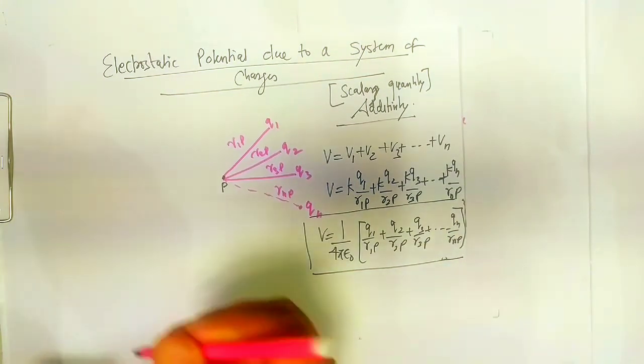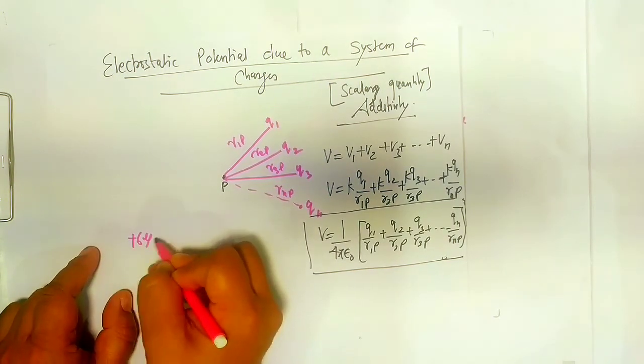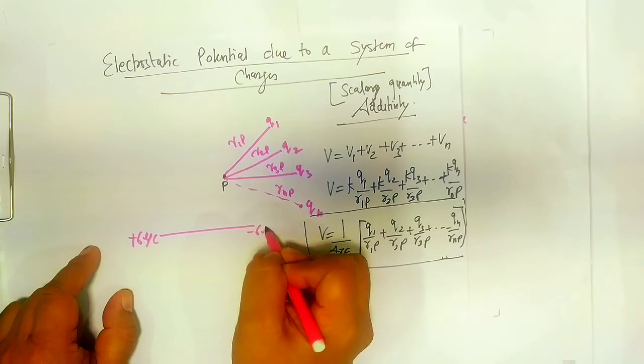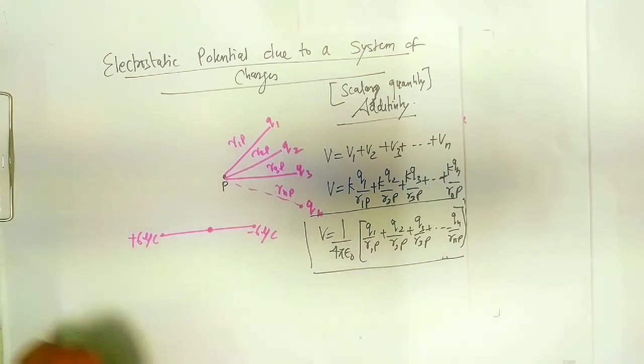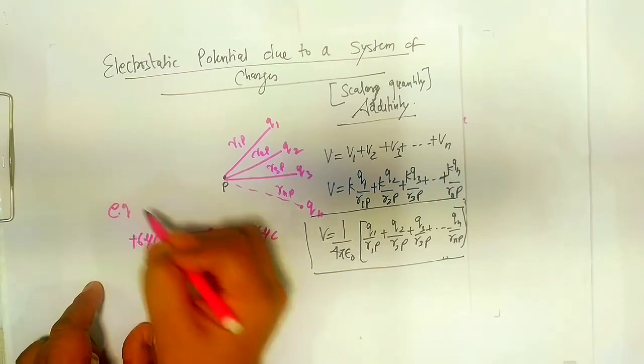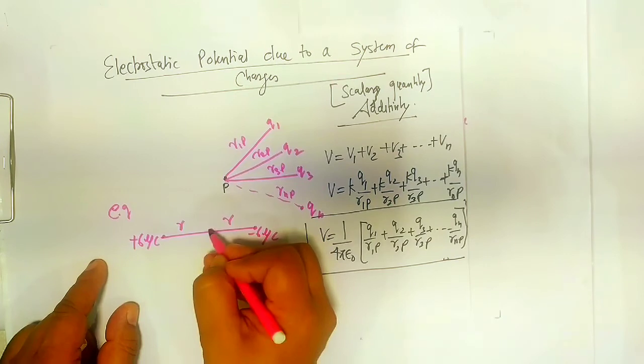I will give you an example. Say this is plus 6 microcoulomb and this is minus 6 microcoulomb. What is the potential at the center? This is a dipole, and say this is R and this is also R. What will be the net potential?